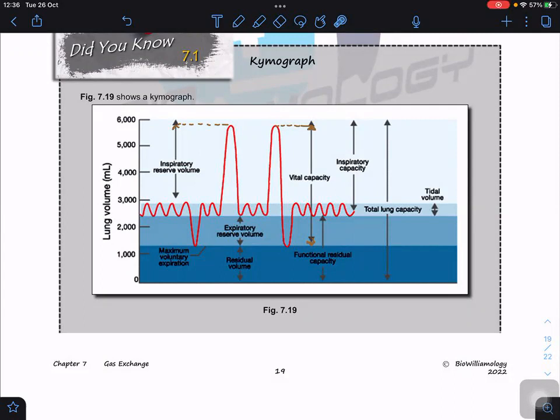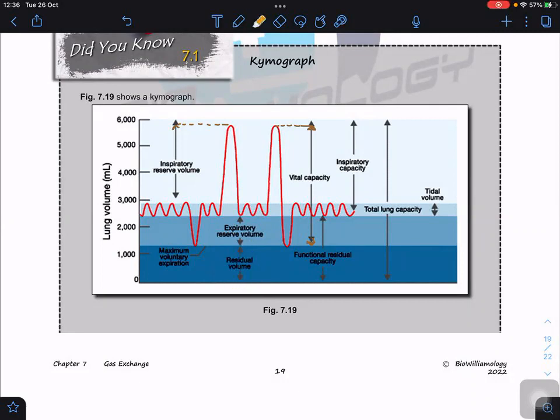So we have the total lung capacity. The remaining one, guys, is termed the residual volume. You won't be able to force out all the air, no matter how hard, otherwise your lung will collapse. Are you clear? We have a certain volume of air to maintain the lung. This we call residual volume.